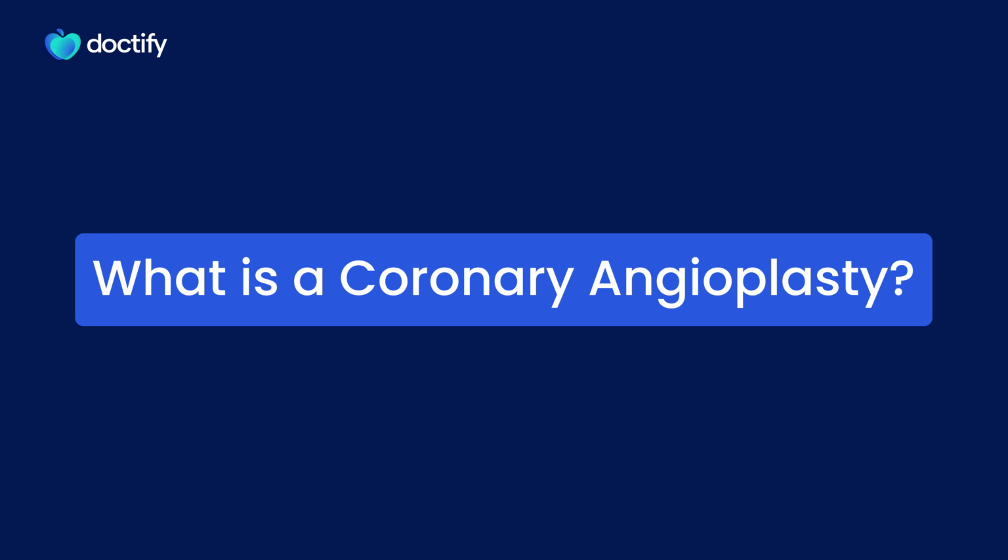So this leads on to a coronary angioplasty, which is if we do find a narrowing, or we've already identified a narrowing, and we want to treat that narrowing or blockage with a balloon or stent.